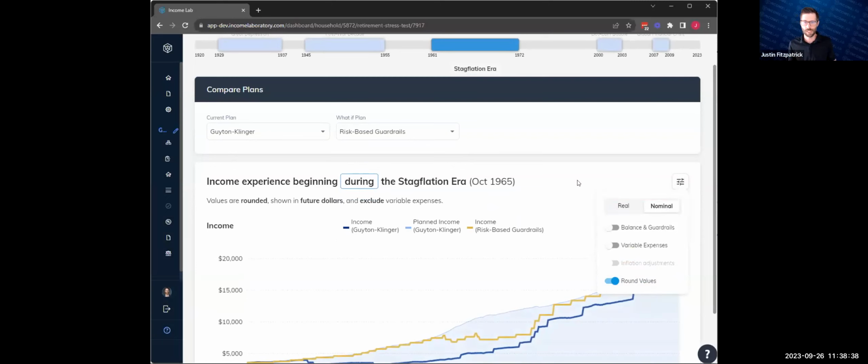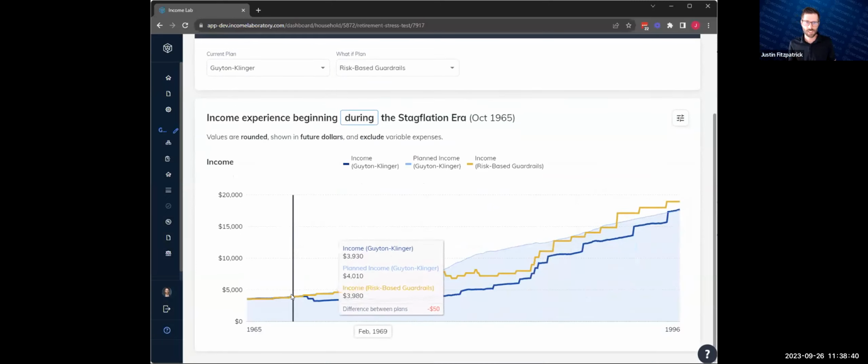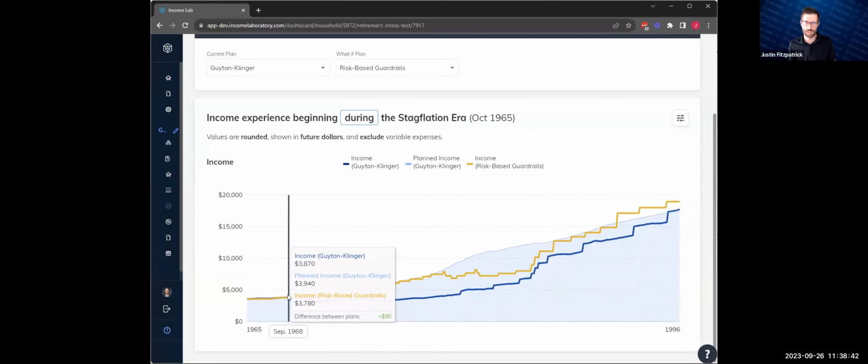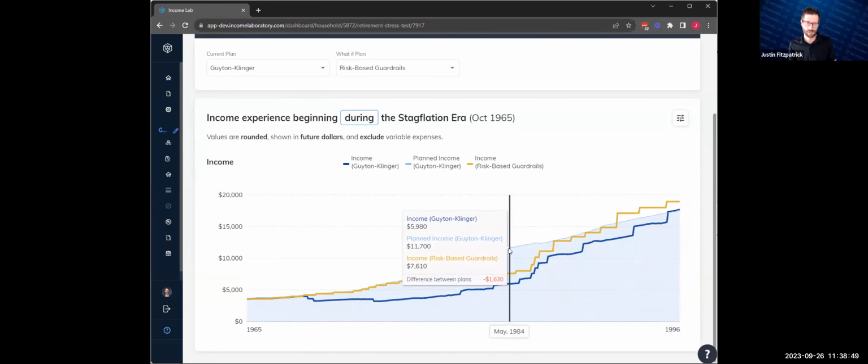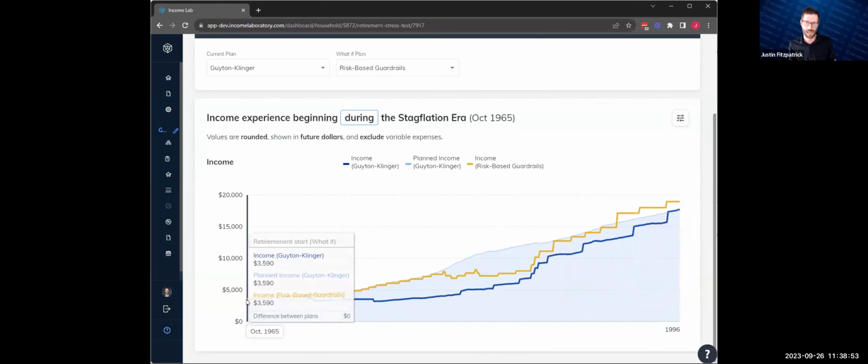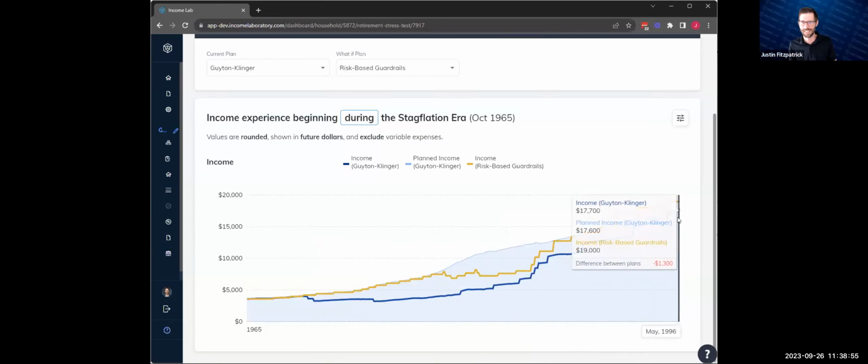We had so much inflation that just spending an inflation-adjusted, fixed real dollar amount, that the light blue that you see here, I mean, look at this, from 65, where we start with 35,900 until 96 would have been 17,600. And that is the same dollar amount from one period to the end in purchasing power terms.